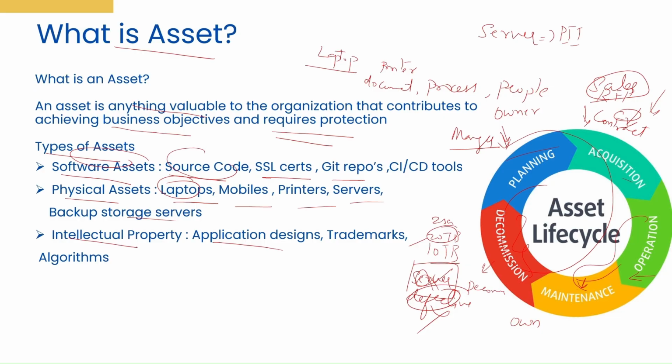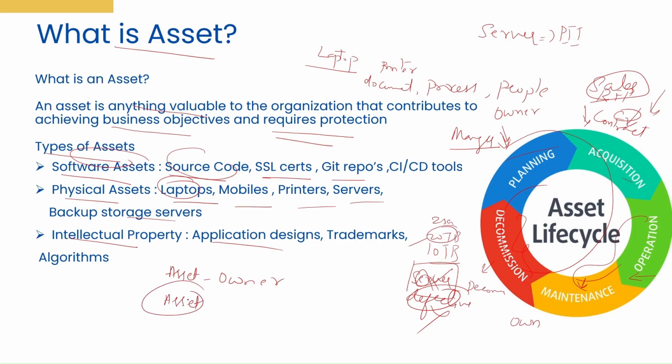They classify the assets as high, medium, low, whatever, based on their needs, requirements, or the work the asset is performing. And then there is an owner assigned to each and every asset. Always make sure that the asset has an owner. It should not be orphan.